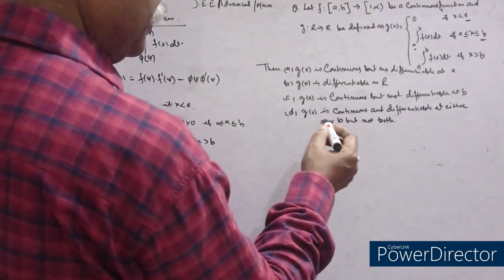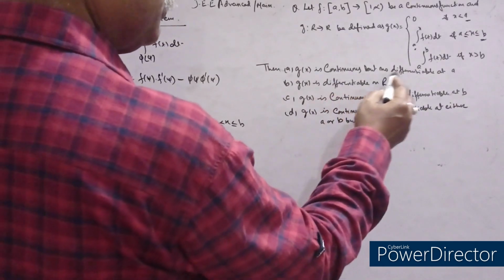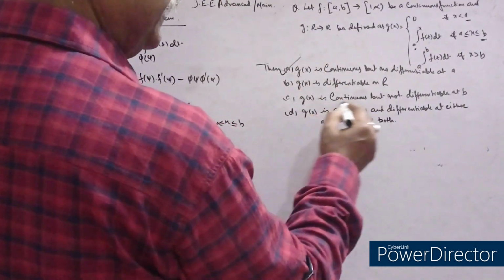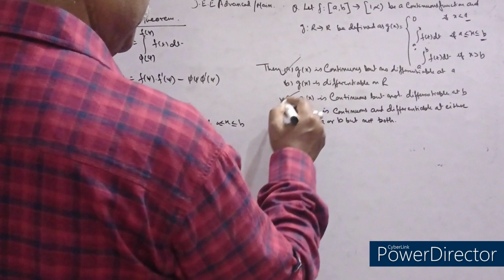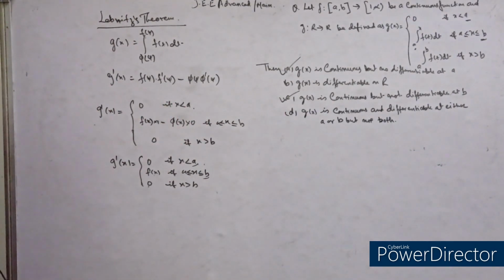So your answer will be g(x) is continuous but not differentiable at a, and g(x) is continuous but not differentiable at b. So these are your two correct options.